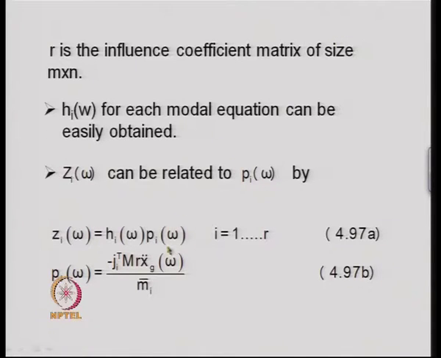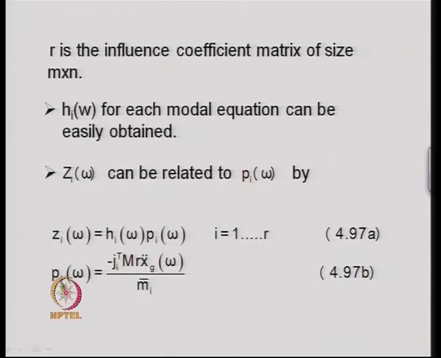From there one can write down P_i(omega) in this way. If it is a multi-supported excitation case, then R is the matrix of the coefficients which is used, and phi_i transpose is the ith mode shape transpose, and m bar i is the ith modal mass.